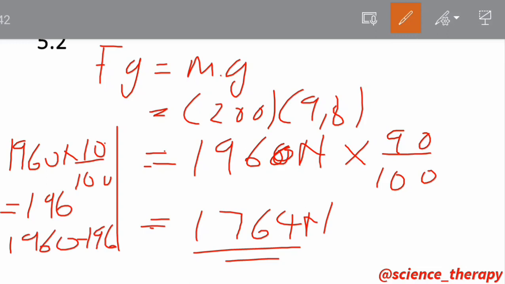That would still give you 1764, right? So still the same approach. You can find 10% of that and then subtract it from the original weight, or you can just calculate 90% of that, because if it's 10% less, that means now it's 90%, right? So two ways to deal with that. But now let's continue.